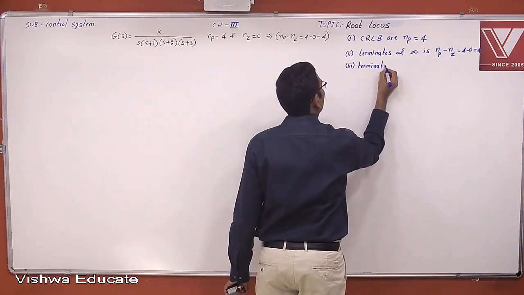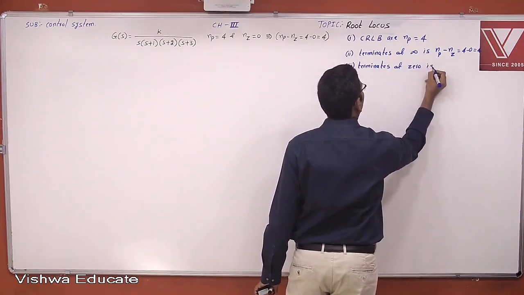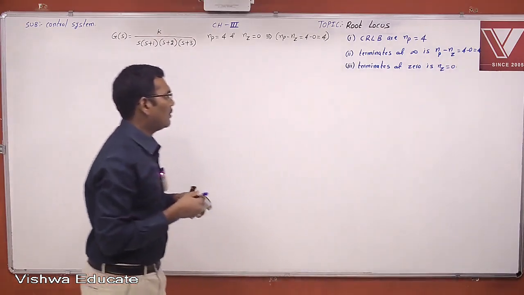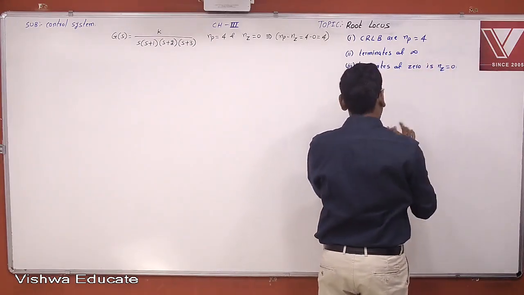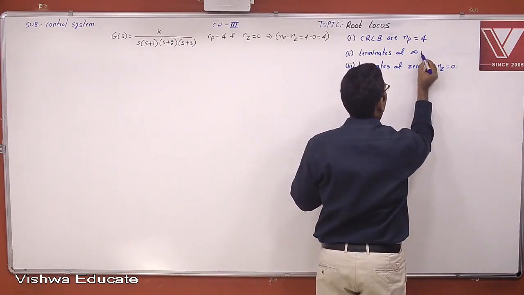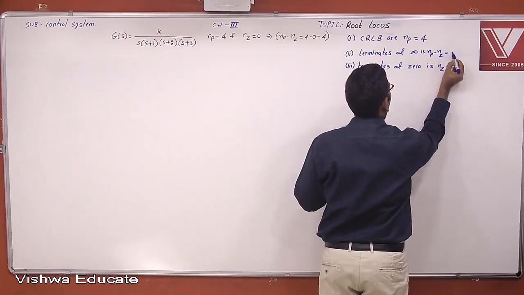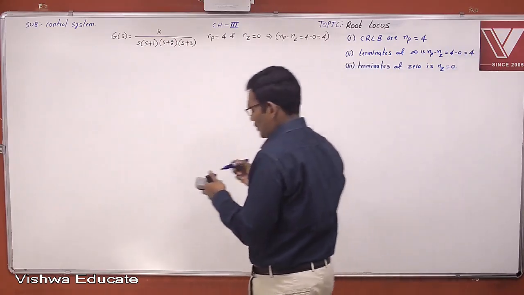Nz, which is nothing but 0. So the number of branches terminating at infinity is Np minus Nz, which is 4 minus 0, equal to 4.